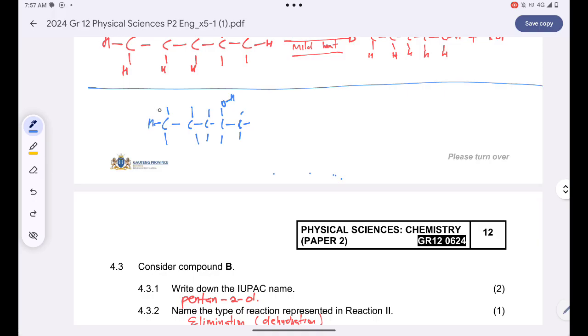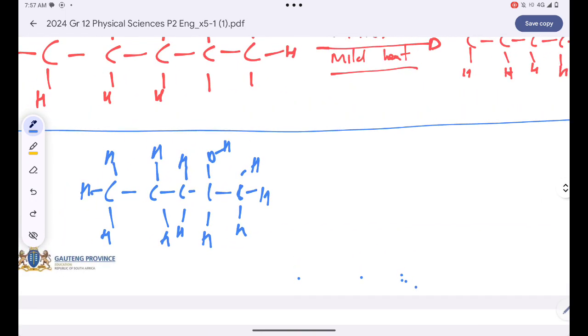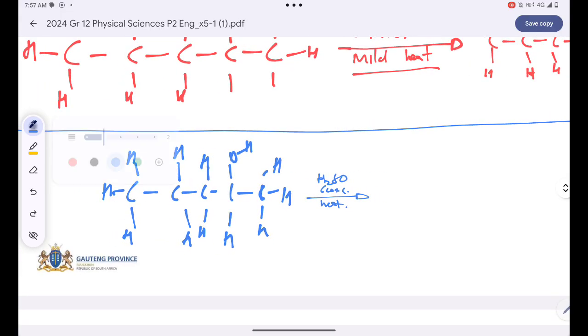Let me just write the H's as well. So, guys, since I'm eliminating, I'm going to apply Zaitsev's elimination rule. I have H2SO4, which is concentrated, in the presence of heat. Are you together? So all I have to do is apply Zaitsev's elimination rule.